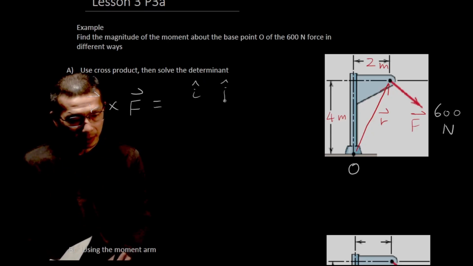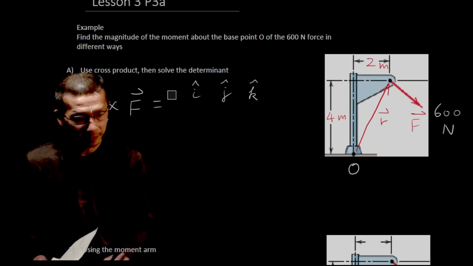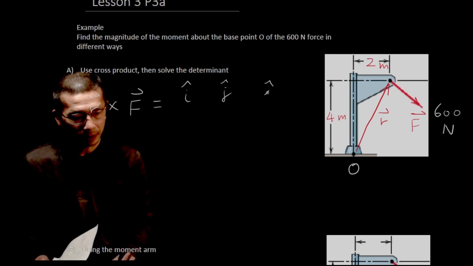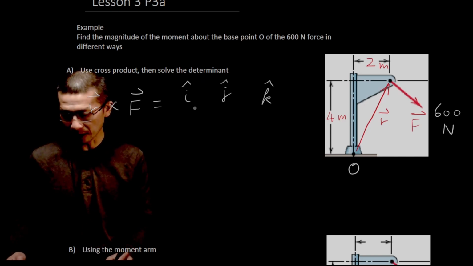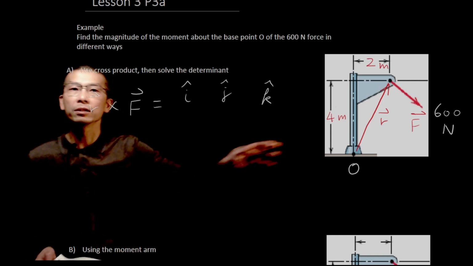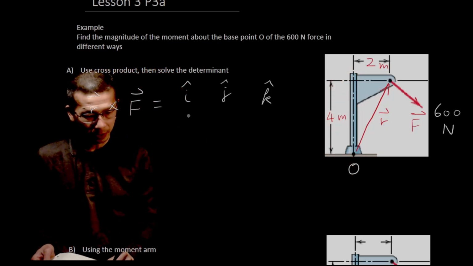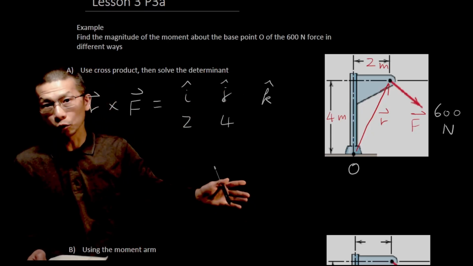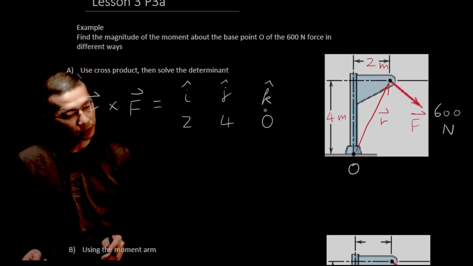So I, J, K, and I better give it a bit more space. R, position vector R, is 2 meters and 4 meters. Because we are assuming 2D, the K component is 0: 2, 4, 0.